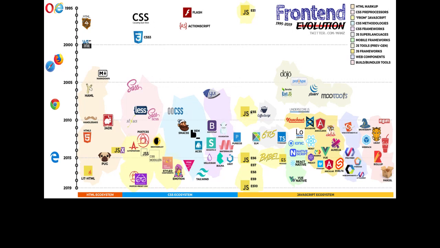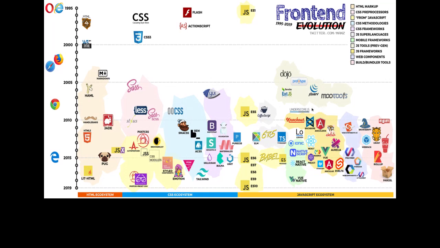ES5 came then, tried to reduce some things, merge ActionScript left. ES5 was helpful. Underscore tried to build on underscore and jQuery, basically, if you know Lodash and stuff like this, to make things easy for people, adding more functionalities to ES5. From 2010 to 2015, things became more complicated for the front end.